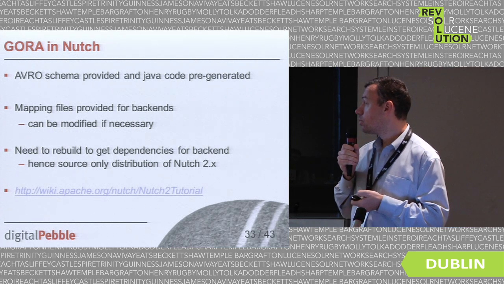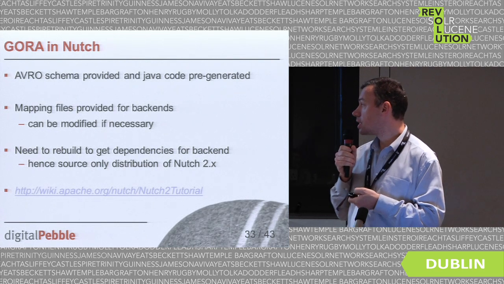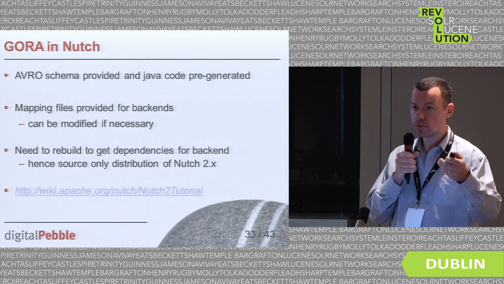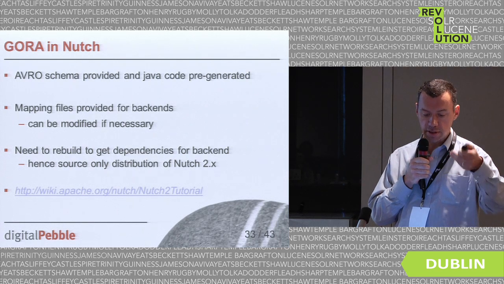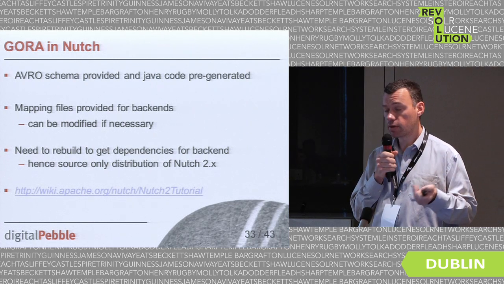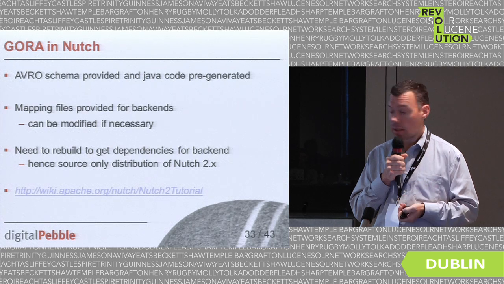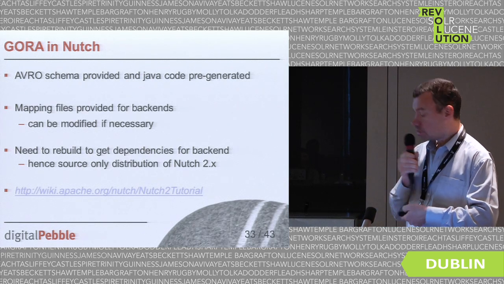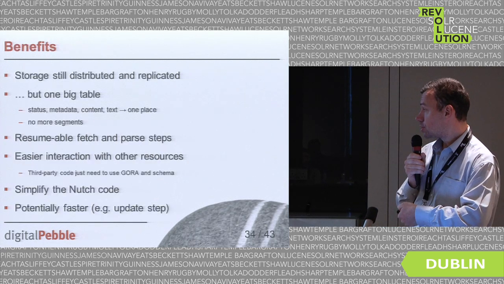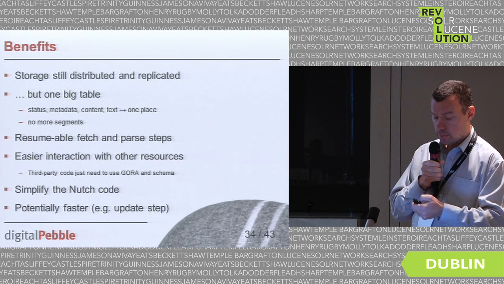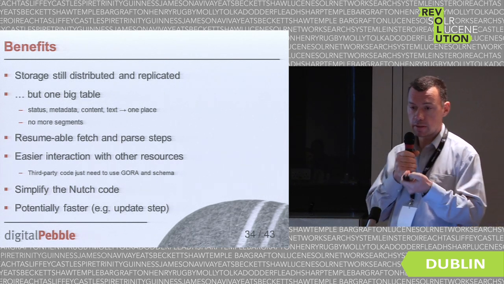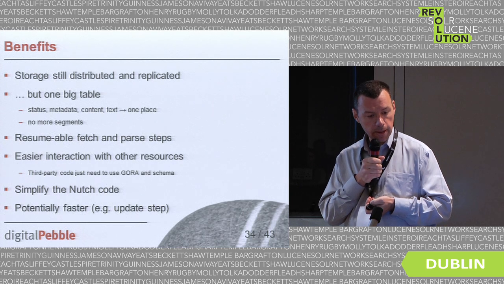That's why the distribution for 2.x is only the source, because you need to recompile and get the dependencies depending on what backend you want to use. And this is the link to the wiki page, which is specific to the Nutch 2 tutorial. But again, most of the concepts from Nutch 1 can also apply to Nutch 2.